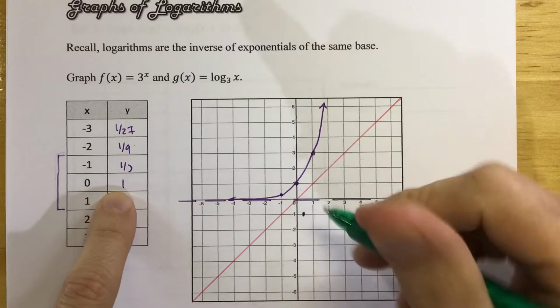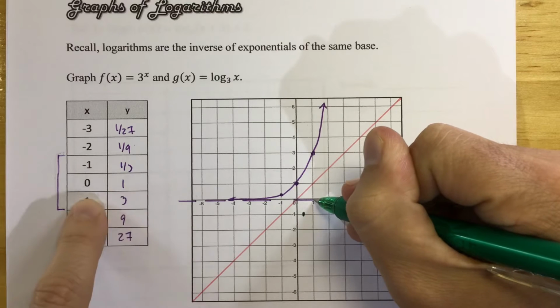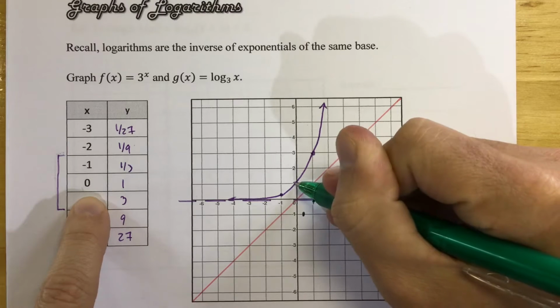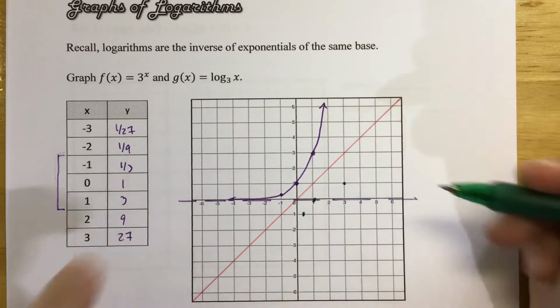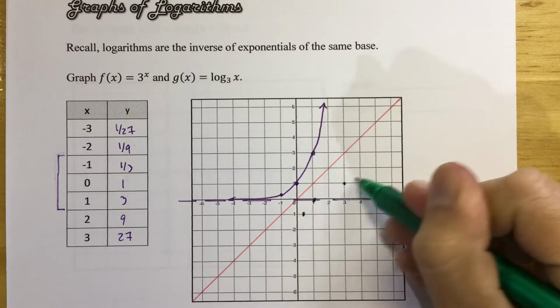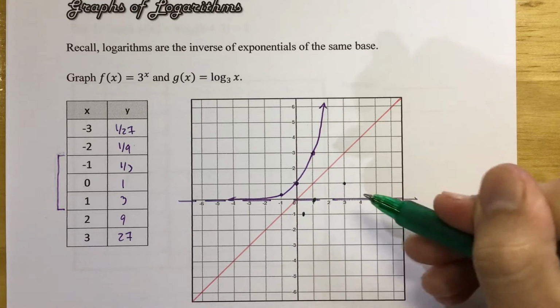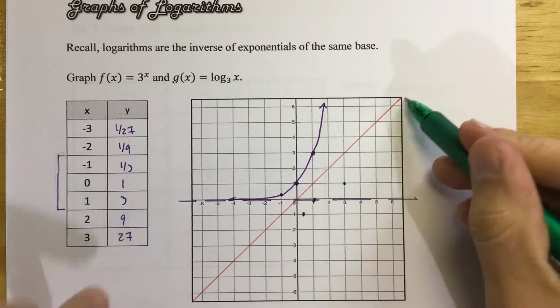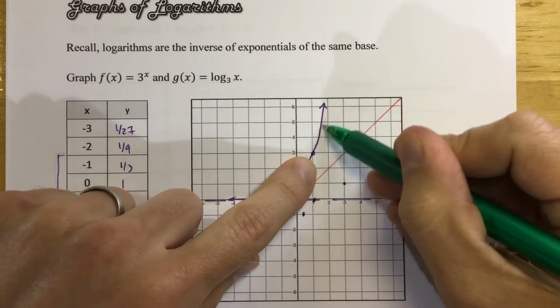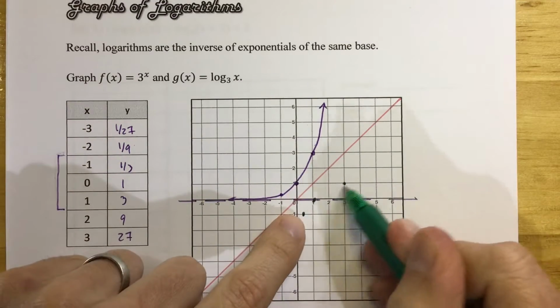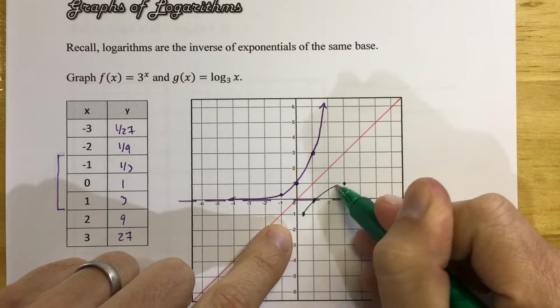All right, next I'm going to go over 1 and up 0. So it's the reflection of this one. And then I'm also going to do a 3 and a 1, so over 3 and up 1. So that already starts to give you that sort of curve shape to it. Now keep in mind that it is reflected over that diagonal. So this part that kind of continues to go out and up is going to be over here.